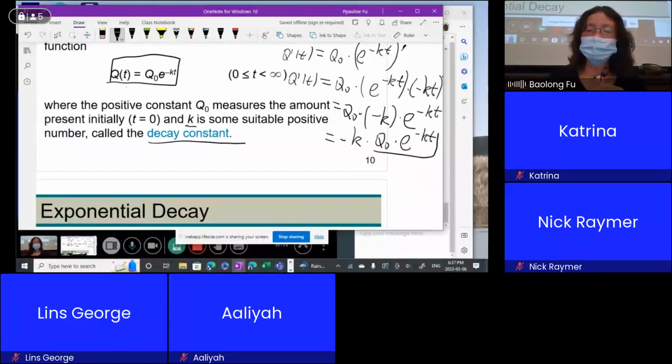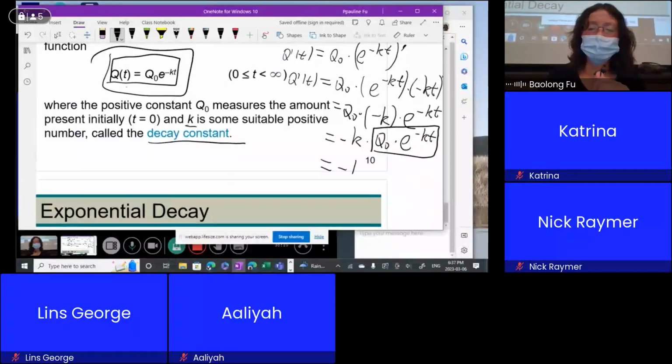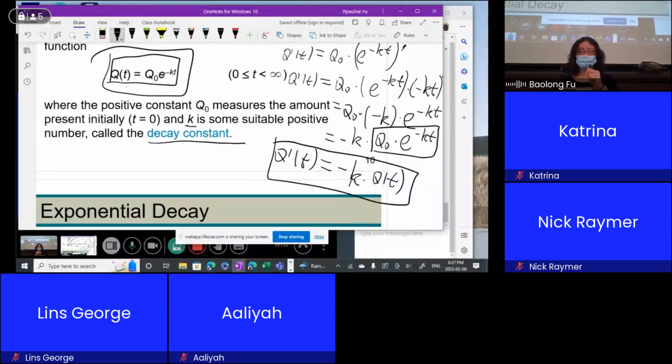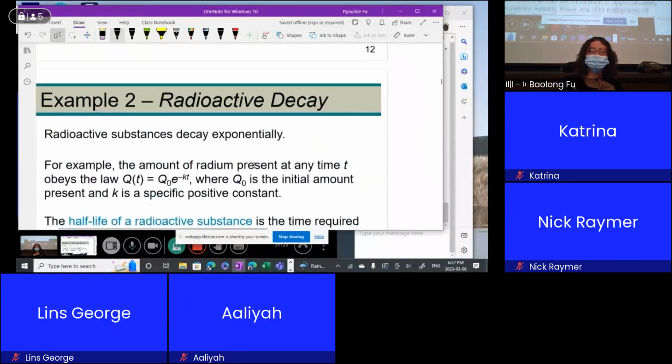Remember what is this item? This is Q(t) here, see? So Q prime equal to negative k times Q(t). So I explained this slide, okay.